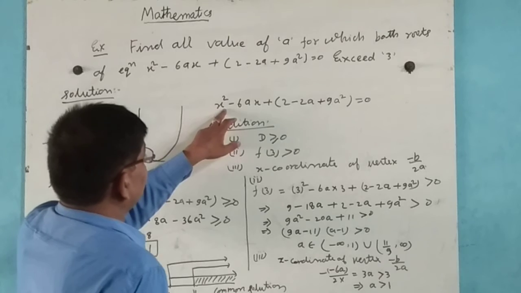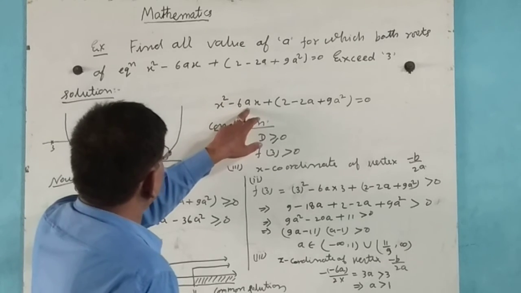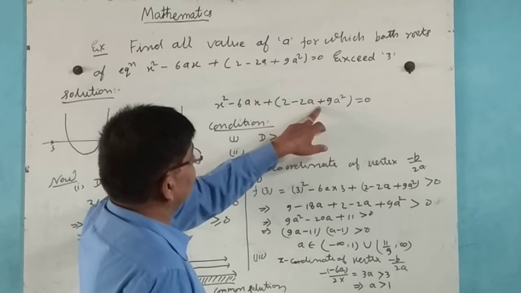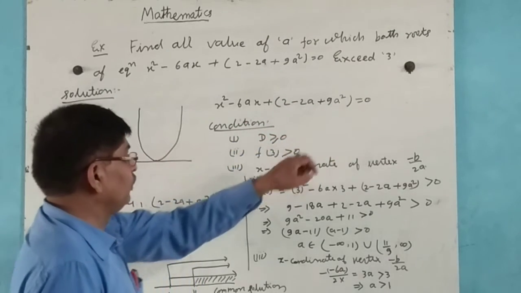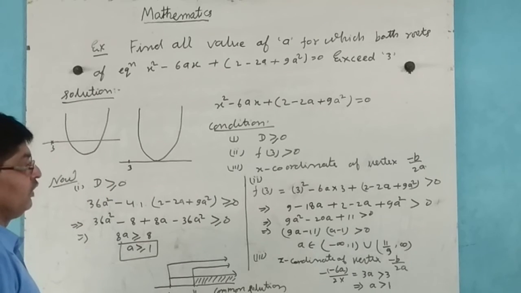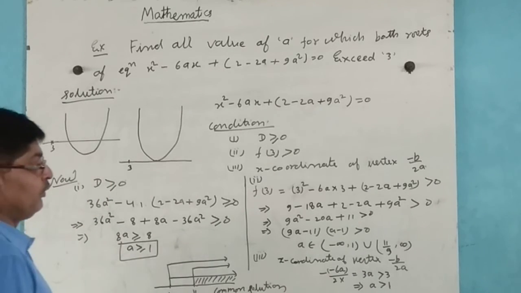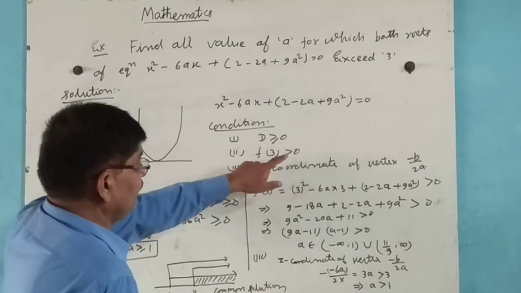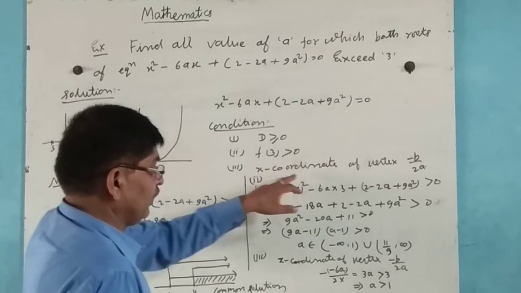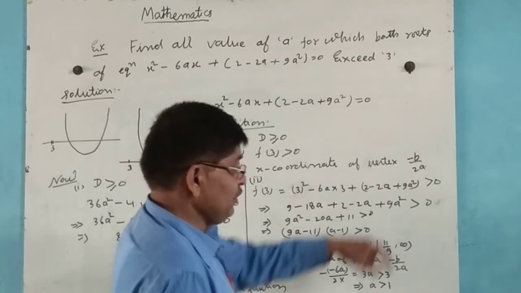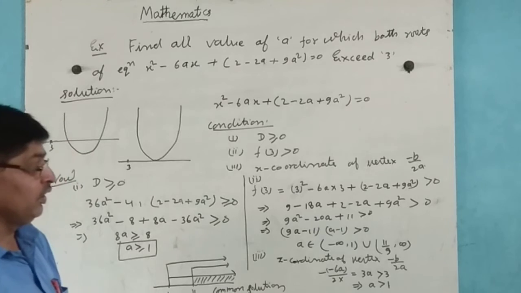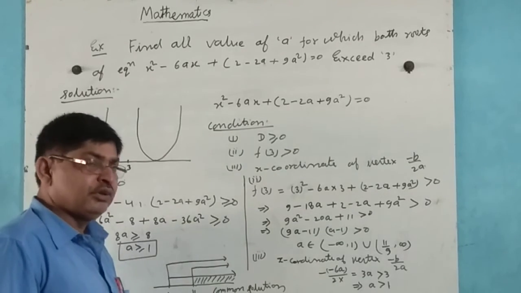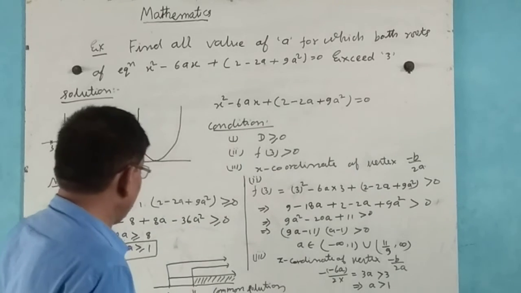The given polynomial is x square minus 6ax plus (2 minus 2a plus 9a square) equal to 0. For this we have the conditions D greater than or equal to 0, f(3) greater than 0, and the x coordinate of the vertex, minus b by 2a, greater than 3. Under these conditions we solve and get the common value, which is our answer.